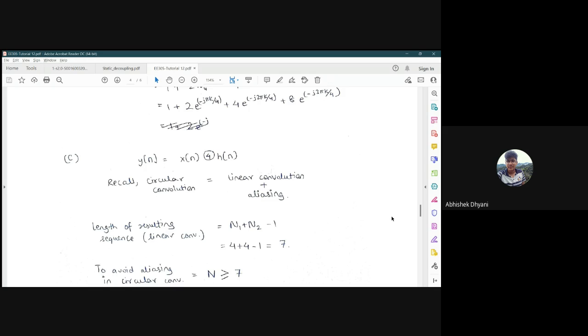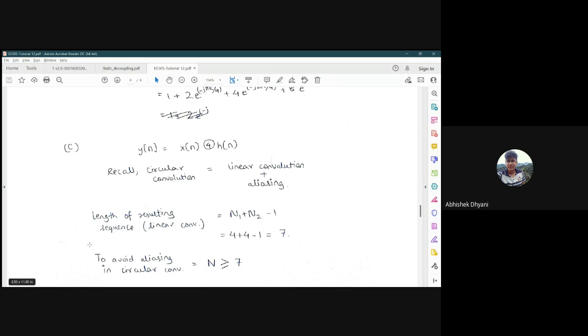And we have to remember that if we want to avoid aliasing in circular convolution, the condition is that capital N, which is the length of the resulting sequence, must be greater than or equal to 7, which is the maximum possible length which we obtain from linear convolution. So this is the condition.